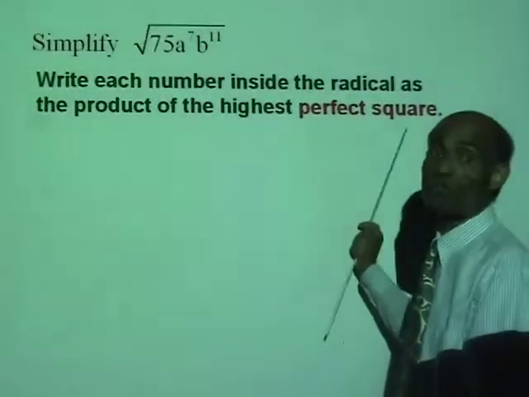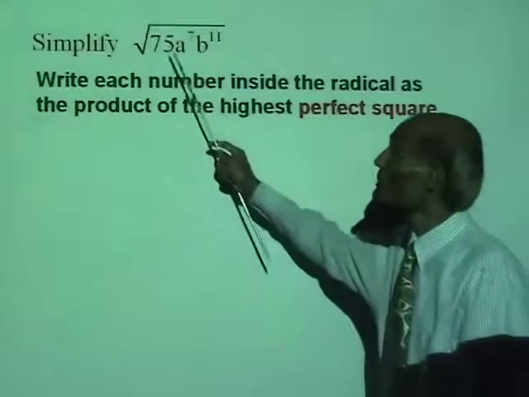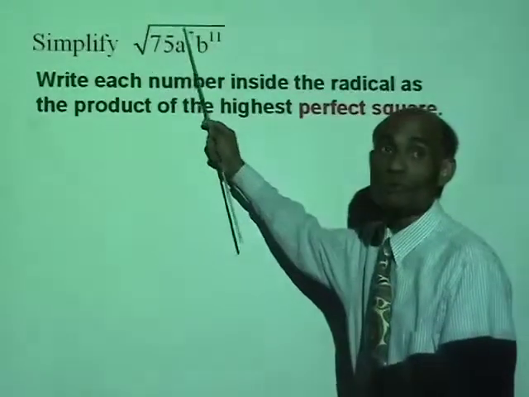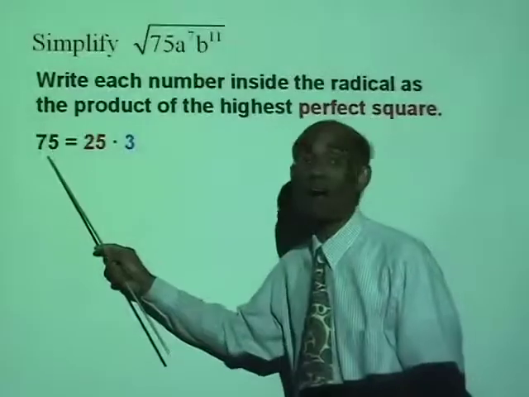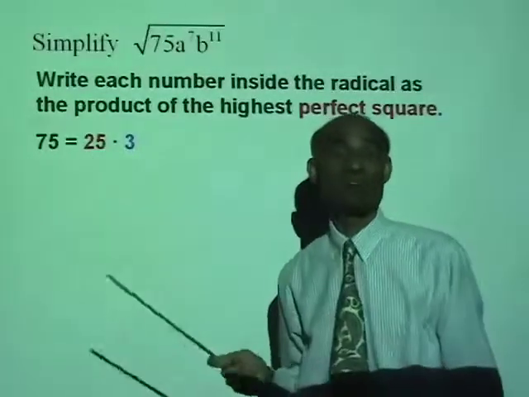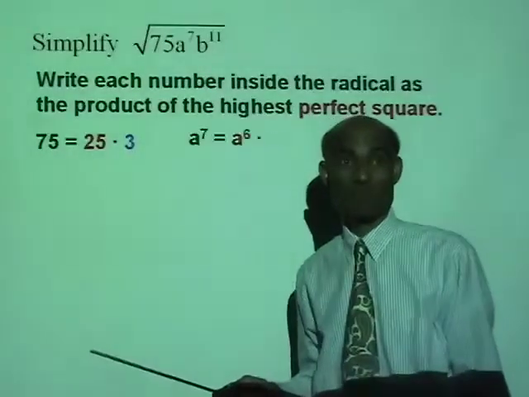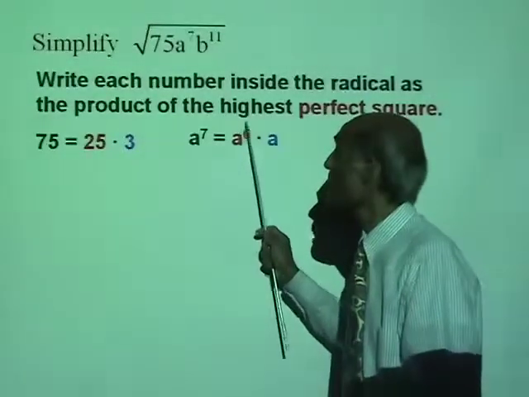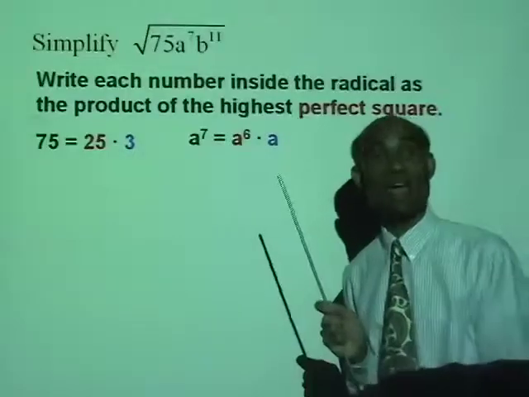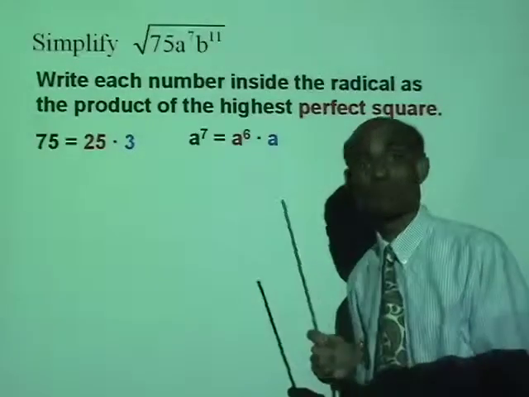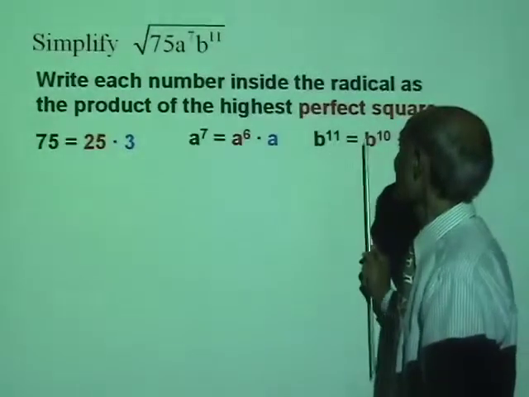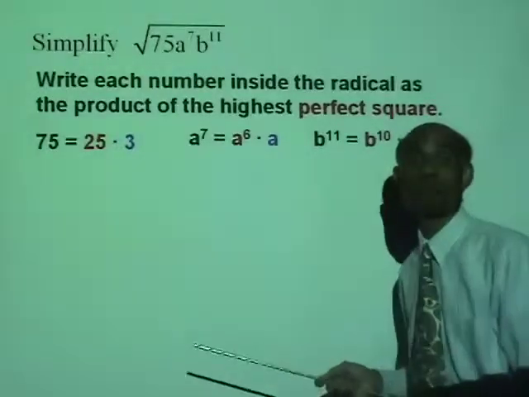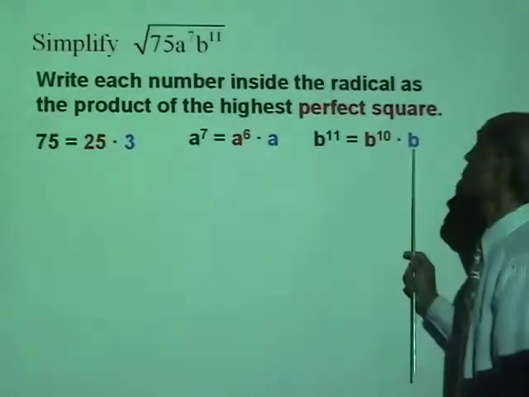Now, how do you know we need the perfect square? Because this is a square root. Alright, 75 is 25 times 3. We talked about it. A to the power of 7 is a to the power of 6 times a. No problem there. B to the power of 11 is b to the power of 10 times b.